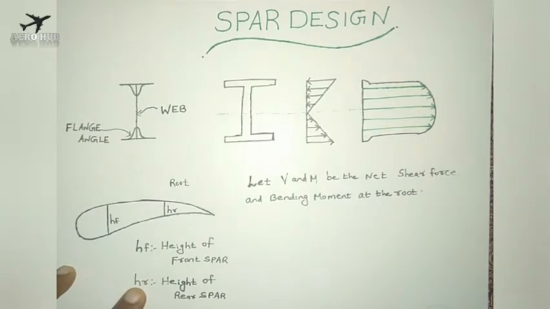HF and HR are the height of the front spar and the height of the rear spar.